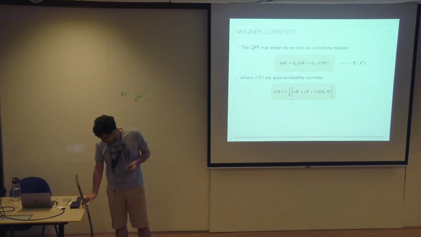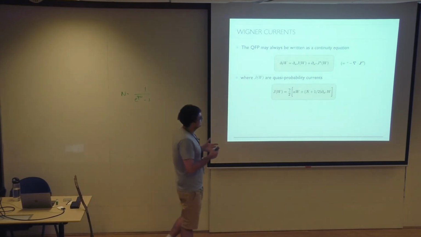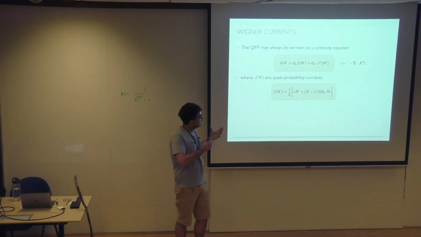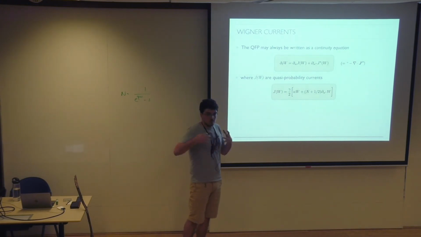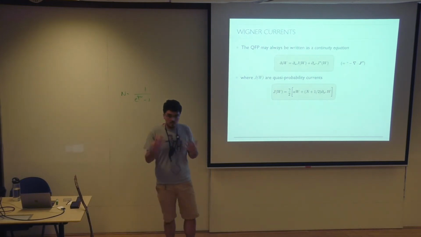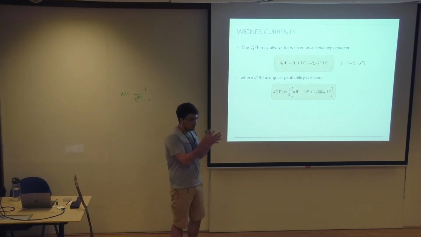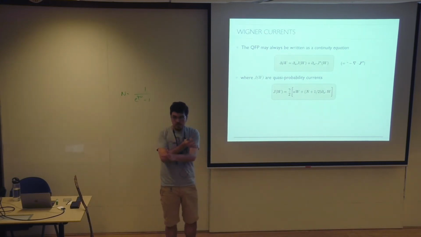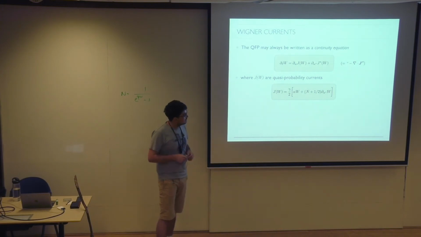So this is essentially a continuity equation. It says that the d/dt of a quasi-probability is related to the divergence of some current. So these J's can be interpreted as quasi-probability currents. They tell you that W is changing at a certain point because you have currents that are entering and leaving that point at any time. So you have this nice current interpretation.